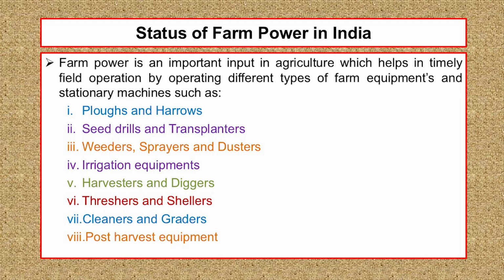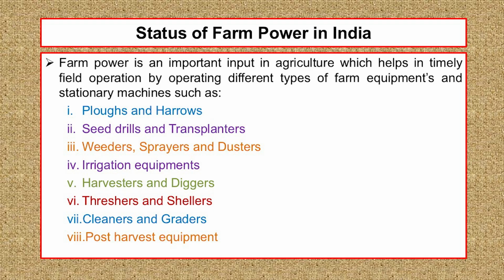We do require power for seed drills and transplanters in order to sow the seeds or the seedlings which are raised in the nurseries. We need power to weed the crops through weeders, and to spray the chemicals over the plants through sprayers and dusters. We need power for irrigation equipment to lift the water out of a tube well or open wells.